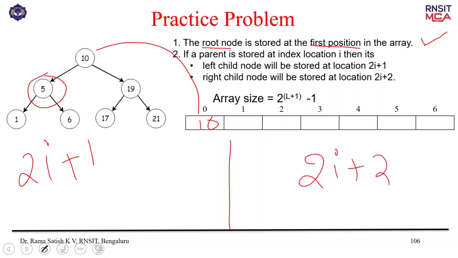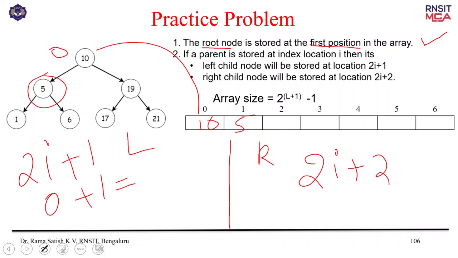Now 5 is the left child, and 10 is its parent, stored at position 0. So 2 into 0 is 0, plus 1 is 1. This is the location of 5, so 5 is stored at index 1.